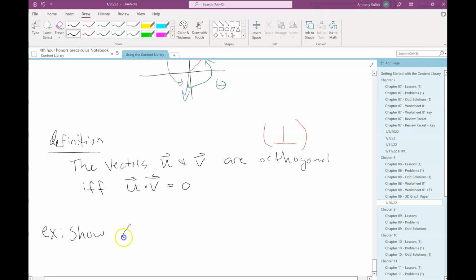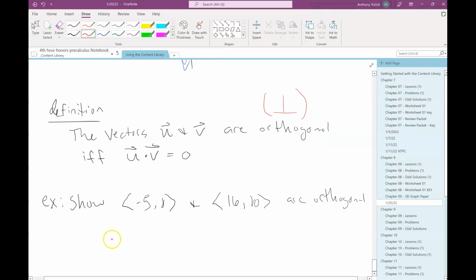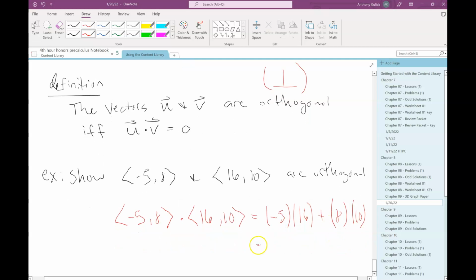So if I just ask you to show if, say, these vectors are orthogonal, all I'm going to do is take the dot product of the two vectors and show that they're 0.